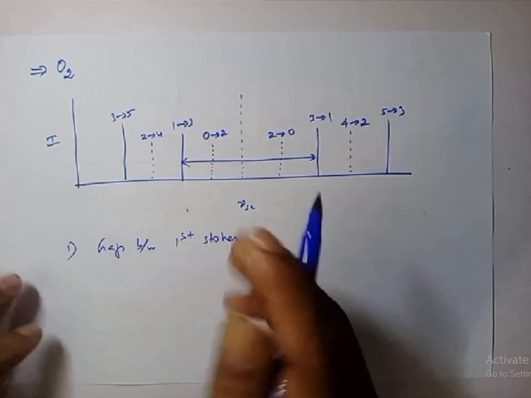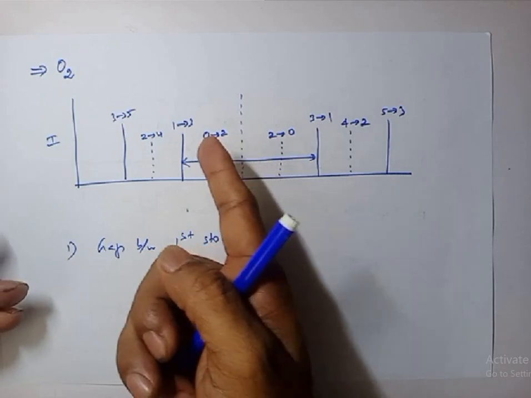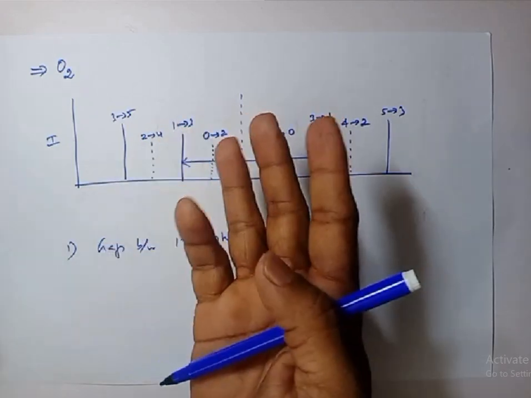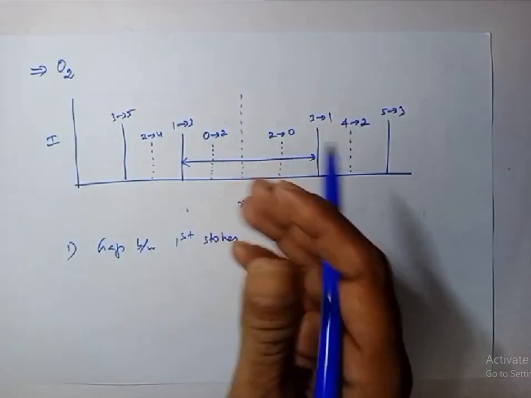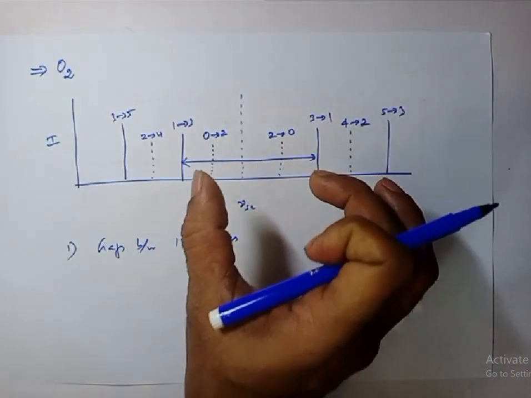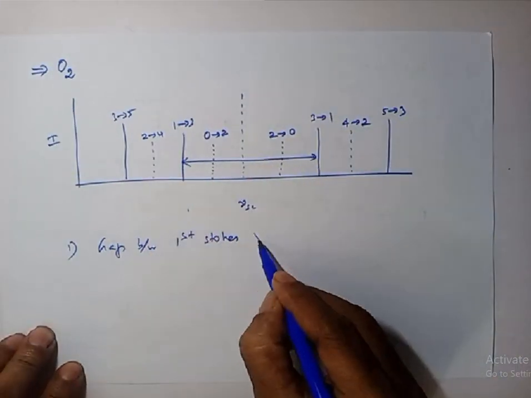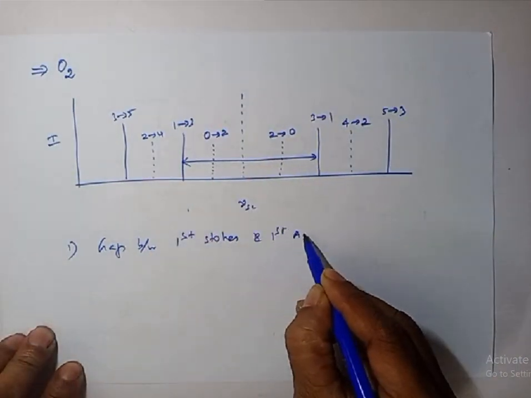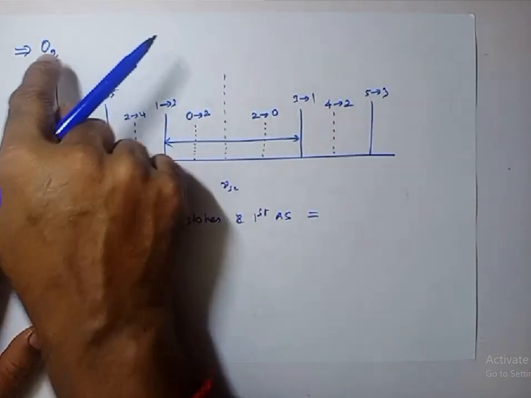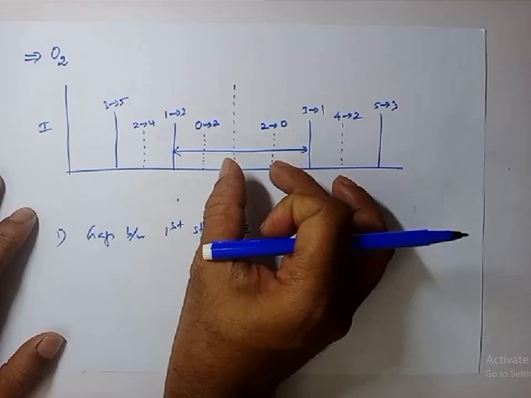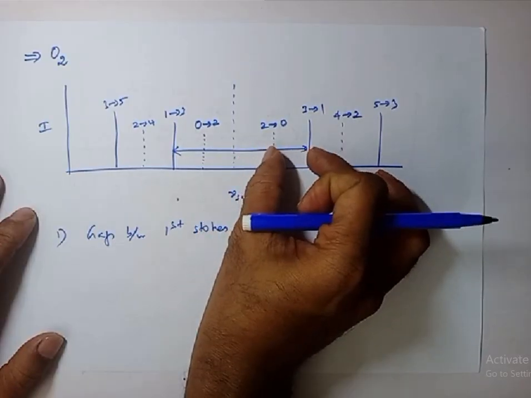If you see the spectrum, I cannot say whether it is 0 to 2 or 1 to 3. I am getting some lines on the Stokes side and on the anti-Stokes side. I am just measuring the distance between the first Stokes and first anti-Stokes. For the O2 molecule, listen, this is supposed to be 6B and this is supposed to be 4B.